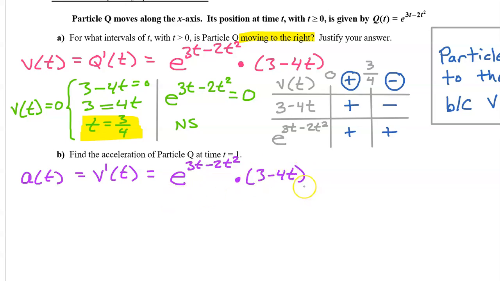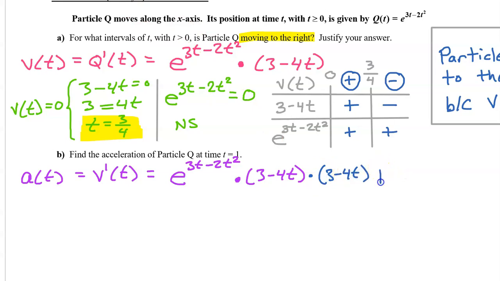So all of this is the derivative of the original function. So the first time through, I leave the second factor alone. So I'm just going to bring down the 3 minus 4t, unchanged.